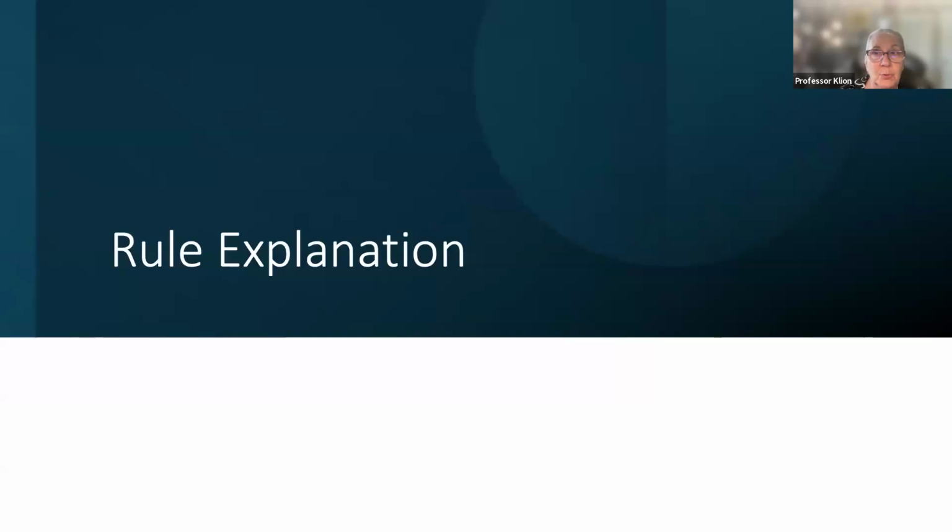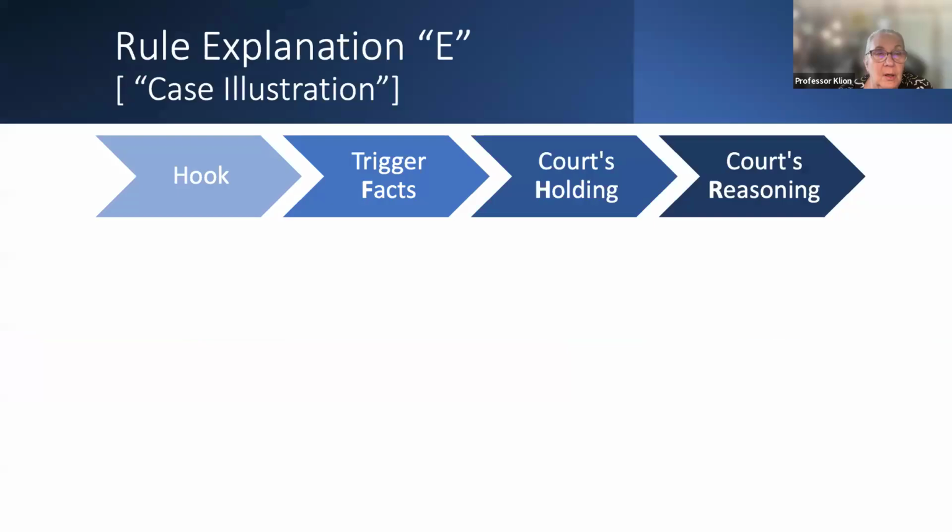So we're going to talk about rule explanations. Specifically, we're going to talk about case illustrations. So if you remember, rule explanation is separated by concepts. And within each concept, you need 4 things, at least.